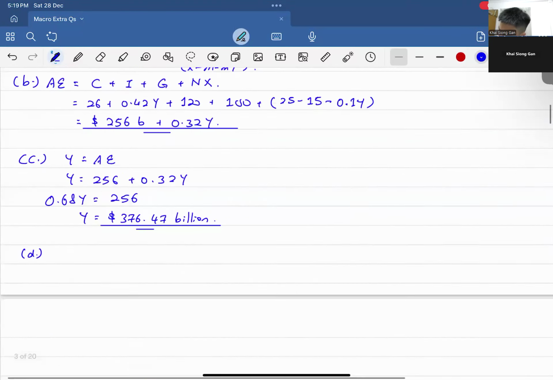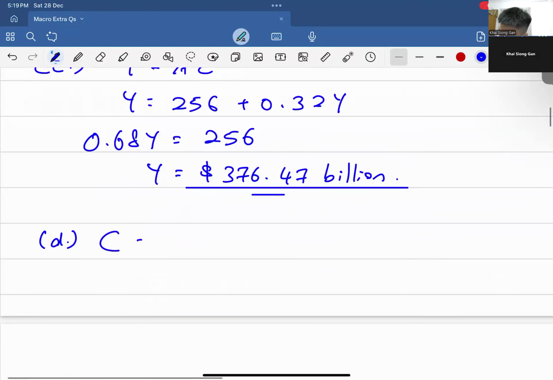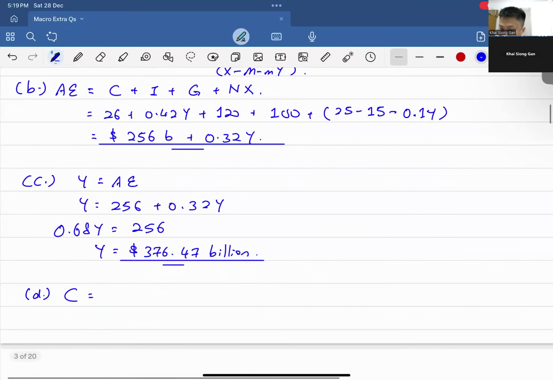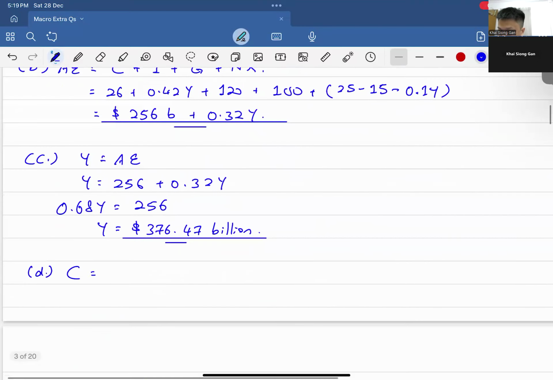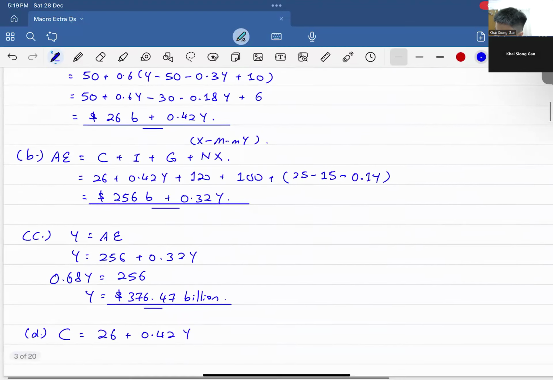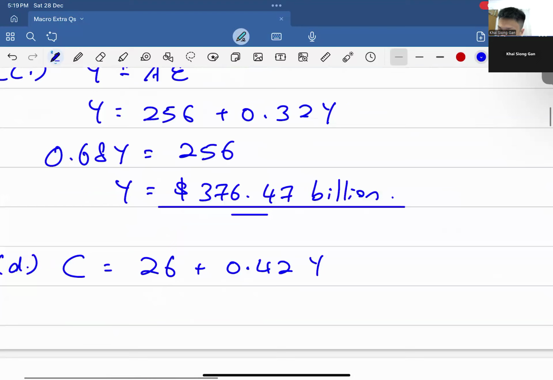Consumption value C equals, just now what is my function for consumption? 26 plus 0.42Y, right? So I just substitute it. Now I know the value of Y already, so I just substitute that in.